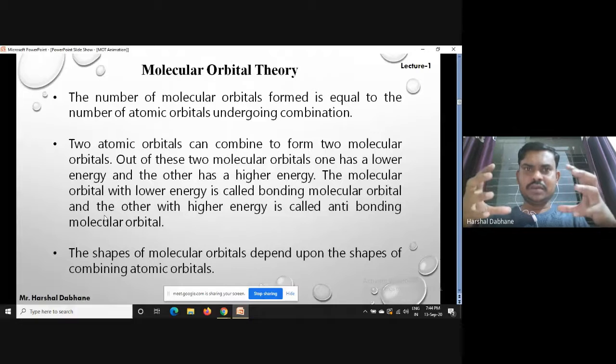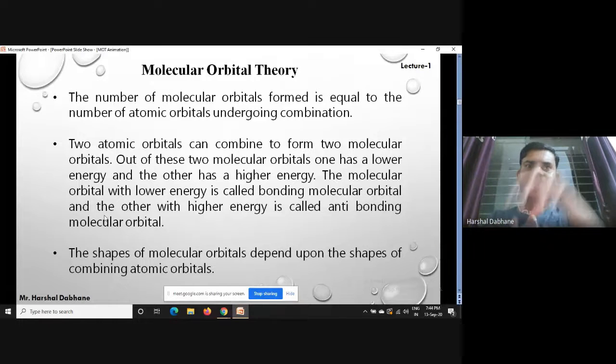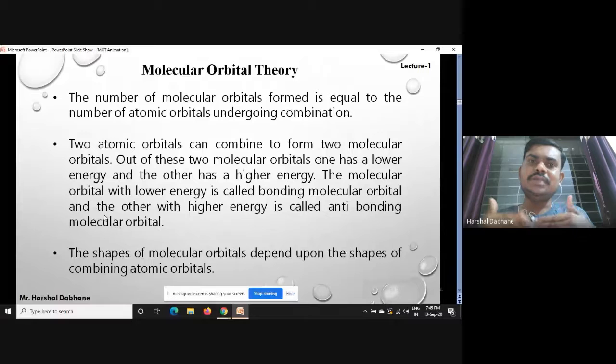Two atomic orbitals combine, we get two molecular orbitals. Three atomic orbitals combine, we get three molecular orbitals. Four atomic orbitals combine, we get four molecular orbitals. As many atomic orbitals combine, we get the same number of molecular orbitals.